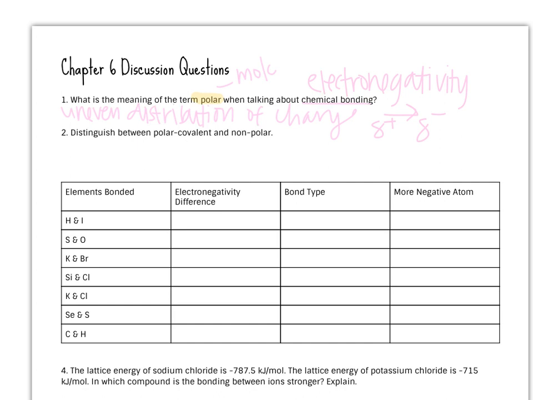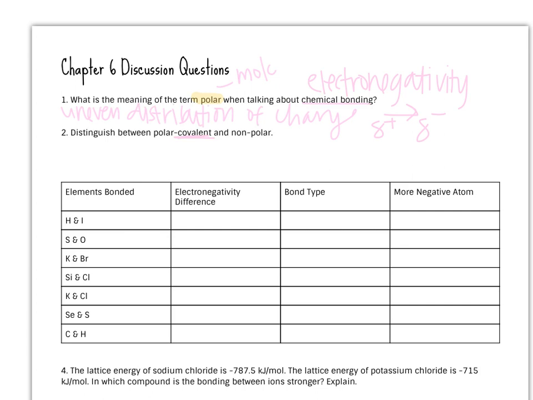Okay. For number 2, it says distinguish between polar covalent and non-polar covalent. Both of them are covalent bonds, but they are different. One's polar, one's non-polar. One obviously has poles and the other doesn't have poles.